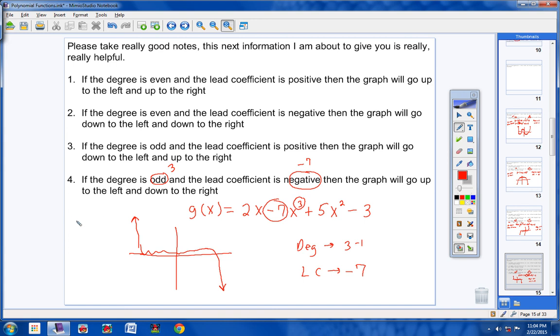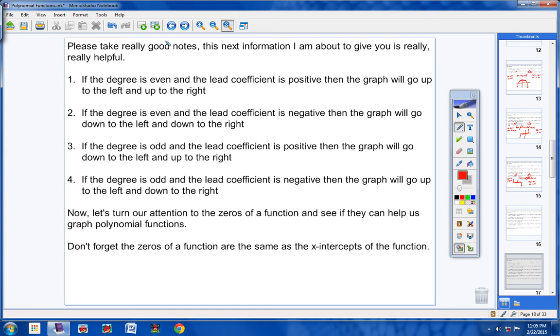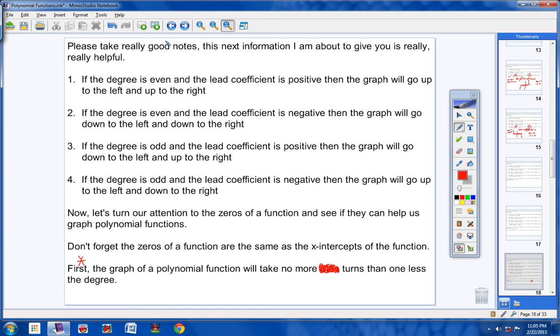So this graph here would take no more than 2 turns. Okay, so that's really helpful. Now you can look at the degree of a polynomial function and you'll know at the most how many turns it's going to take. You won't know exactly how many, but you'll know at the most how many it can take. Alright, let's continue on.